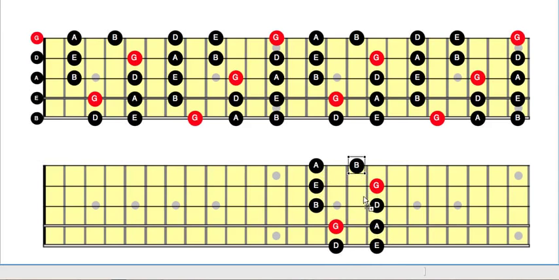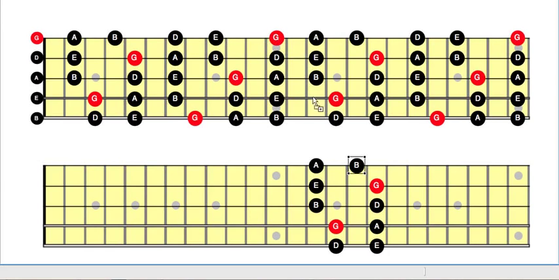Now this is still the G major pentatonic scale because we're still in the key of G, and like I said, the formula for any major pentatonic scale is 1 2 3 5 6 1, and the intervallic formula is tone, tone, 1.5 tones, tone, 1.5 tones.